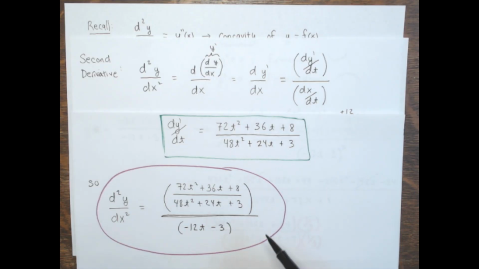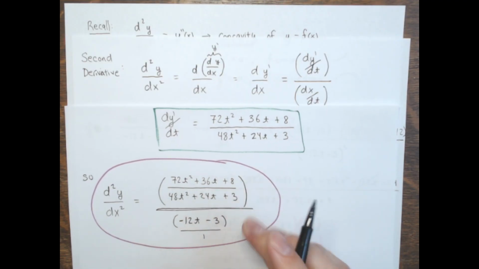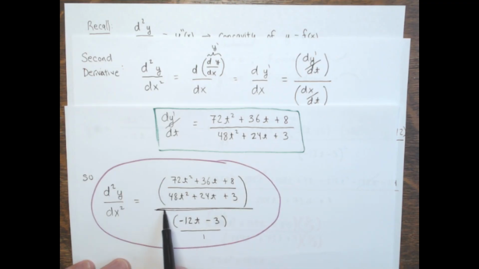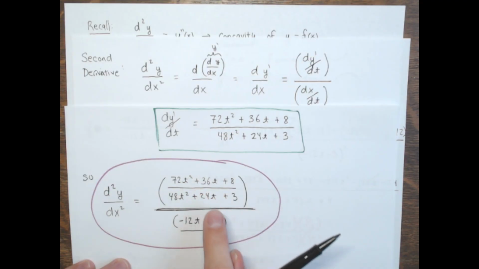So take this here, this is technically over 1. I'm going to rewrite it so it's not a complex fraction. So what I'll be doing is taking this fraction in the numerator and multiplying by the reciprocal of the fraction in the denominator.